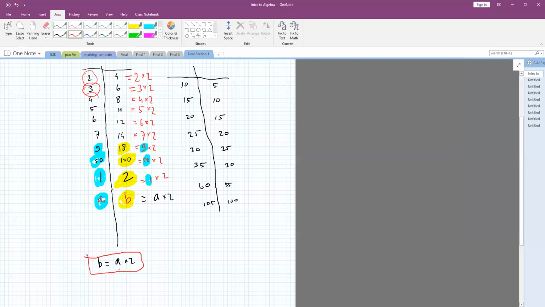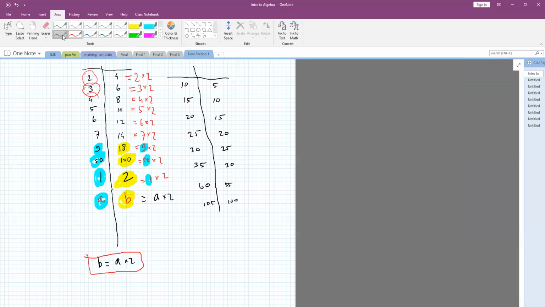If the value of A equal to 100, B is 200. If the value of A is 10,000, B is 20,000. So in this case, we have now a general rule that connects or relates these two numbers A and B.